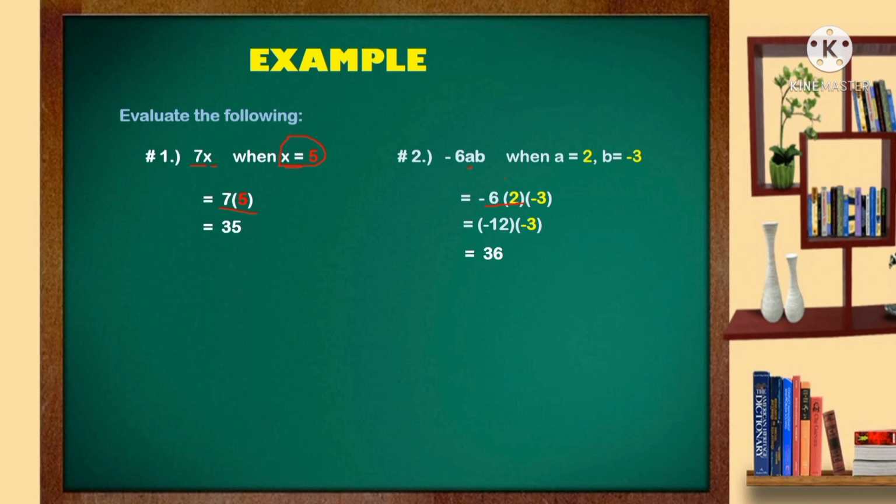So the remaining is negative 3. Since they are in the same term, you have to multiply. So negative 12 times negative 3 gives us an answer of positive 36. If you remember the rules of integers, if you multiply the same signs, the answer would be positive.